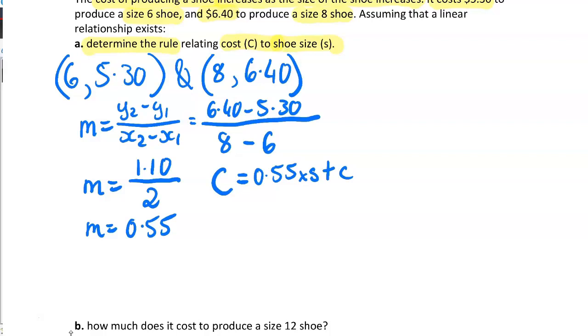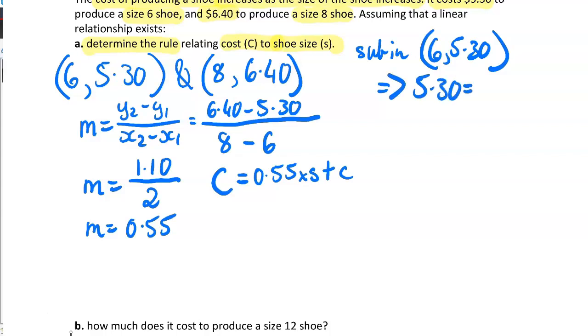Okay, so using that, subbing one of those points, so 6, $5.30 into there. So we have $5.30 equals 0.55 times by S plus C. Sorry, not times by S because we know what that is. Times by 6.